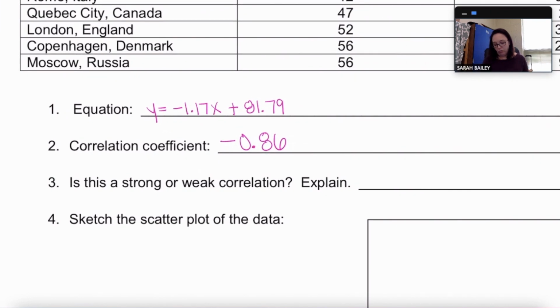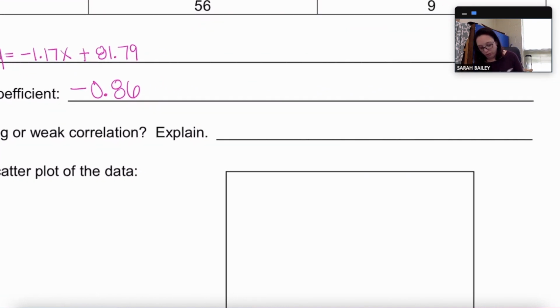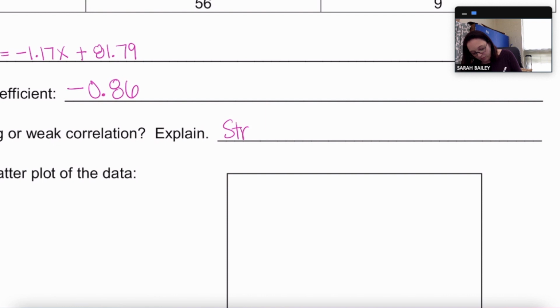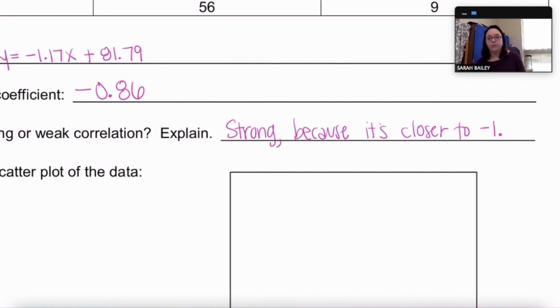So is this strong or weak correlation? This one is going to be a strong correlation. And it's strong because it's closer to negative 1. Okay.